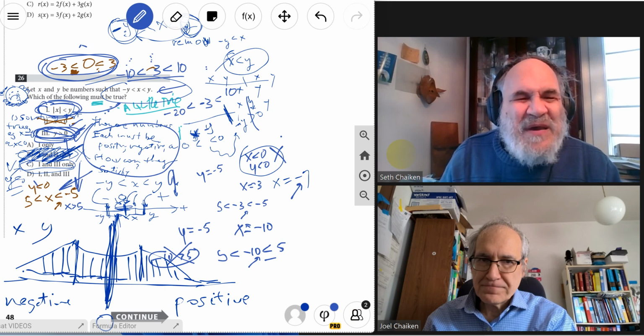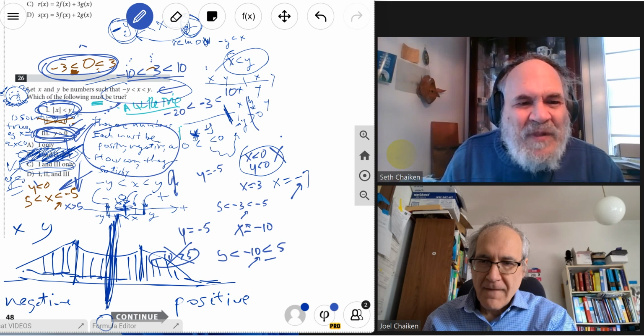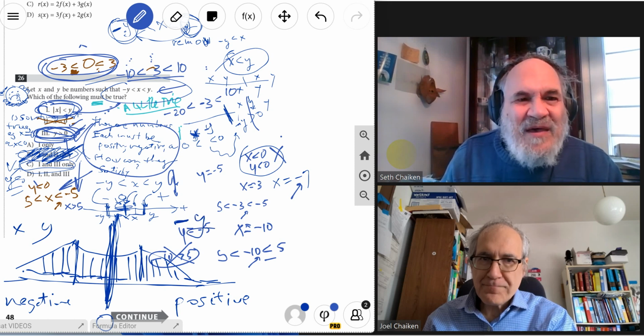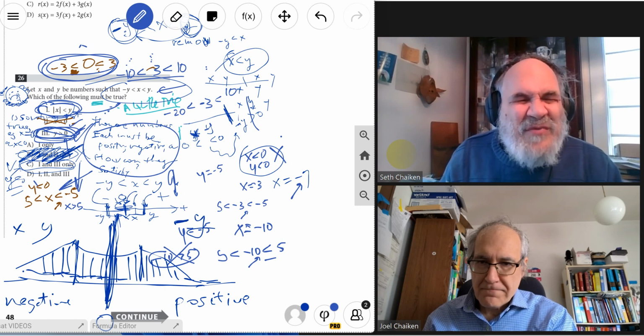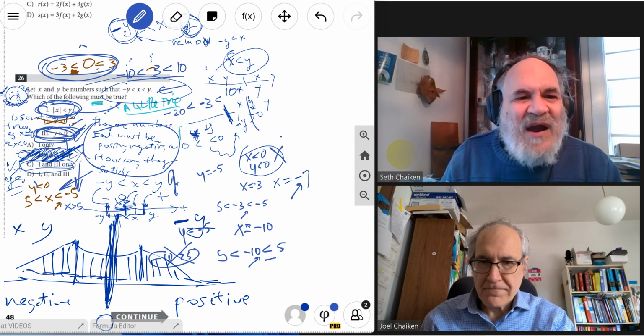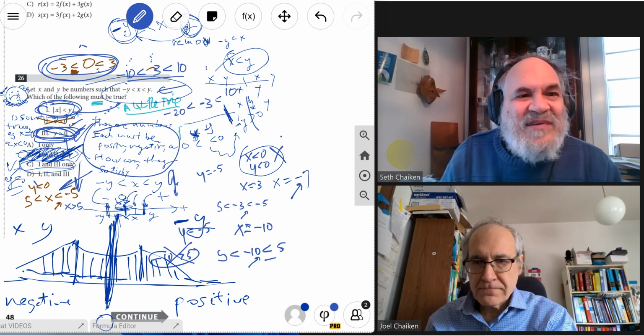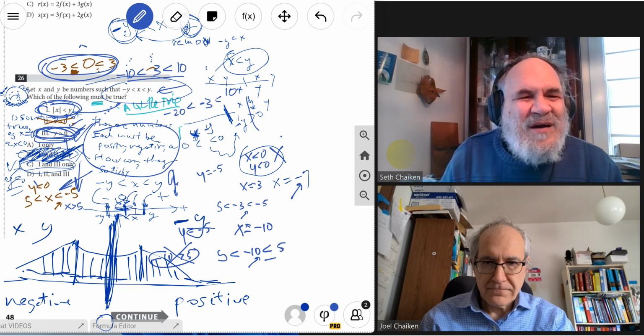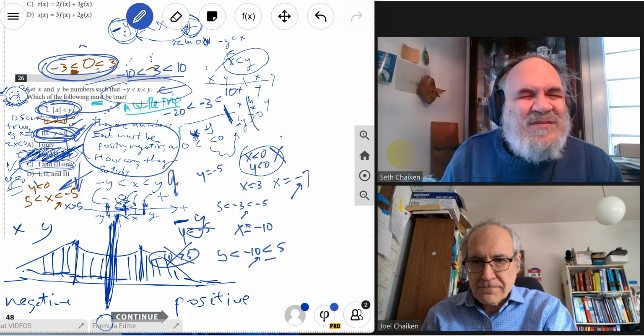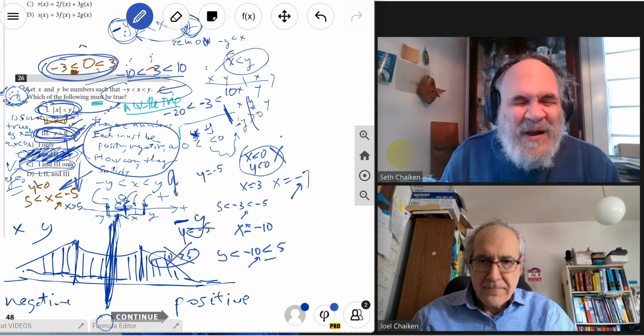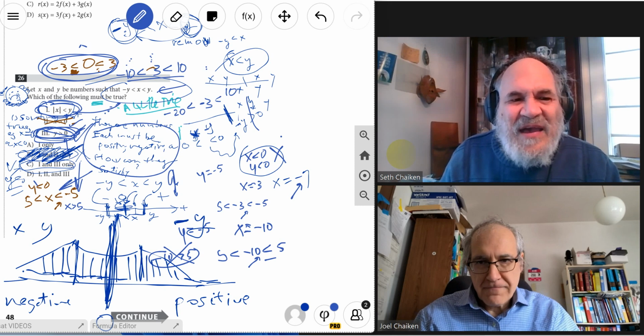But y is negative, so negative y has to be over here on the right. And being over here, it cannot be all the way to the right of x, because this says that negative y is to the left of x. So y can't be here.